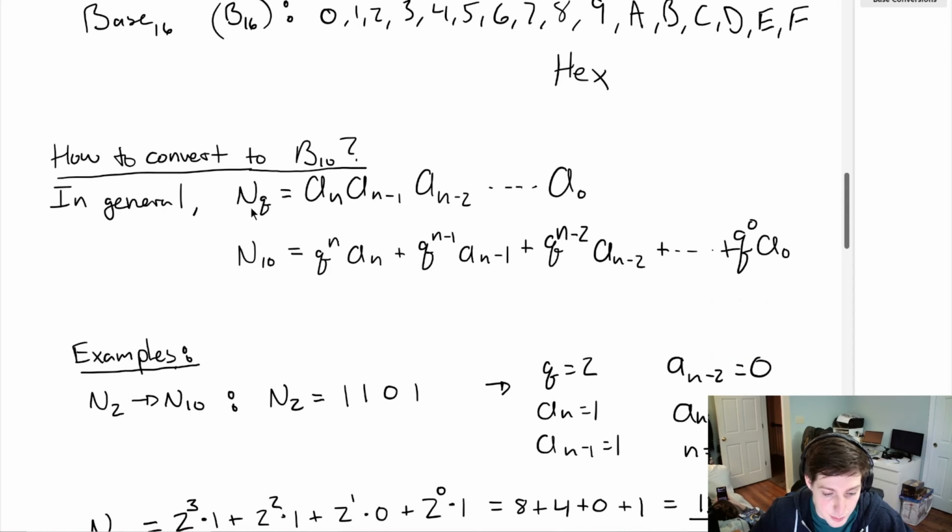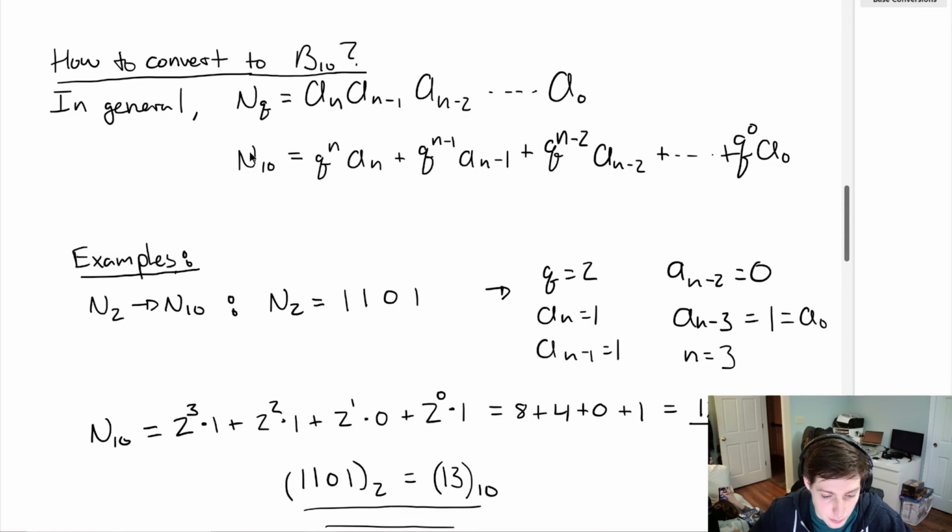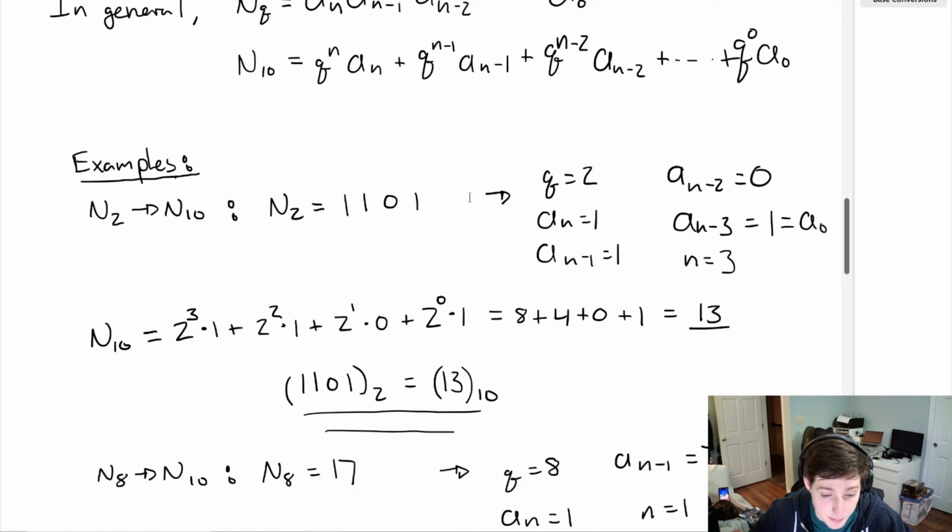If we have some number of some base q given by these terms a_n all the way to a_0, to convert to base 10 we take the formula where this number in base 10 is equal to that base q to the nth power times that first term, plus q to the n minus 1 times that second term, all the way down until we get to that last term, and then we have q raised to the 0, which is simply just 1. It's okay if this looks a little bit confusing, because we're going to go through some examples to define what all of these terms are.